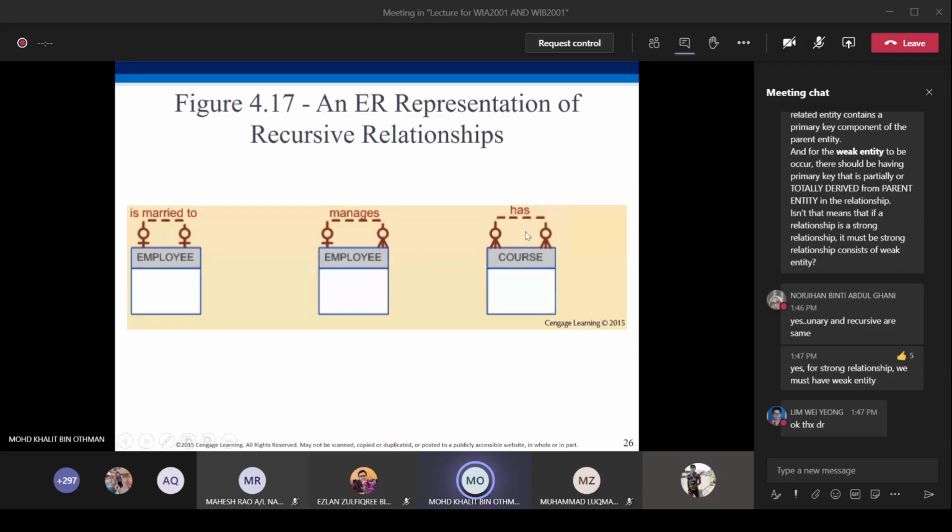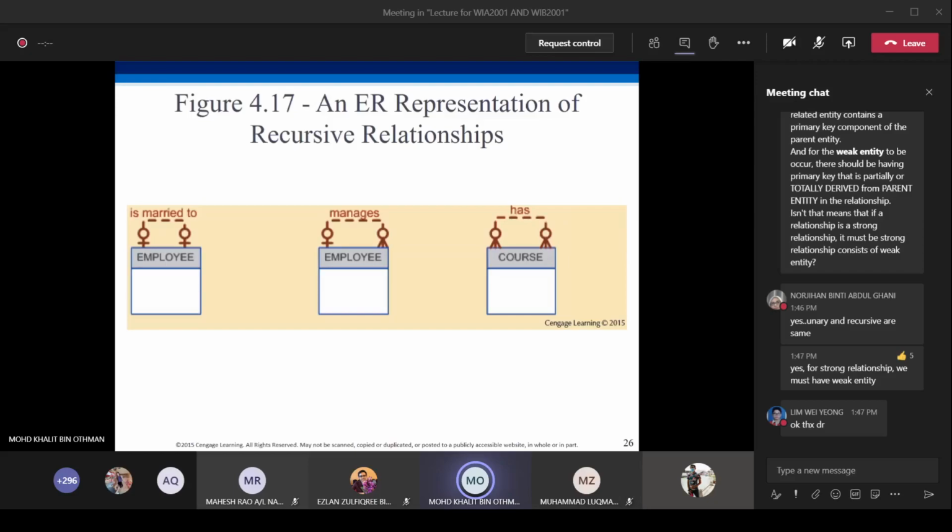And then the third diagram shows the M-to-M, or many-to-many, relationship. In this third diagram, we can express it as each course may have many other courses as prerequisites, and one course may be a prerequisite to many other courses.